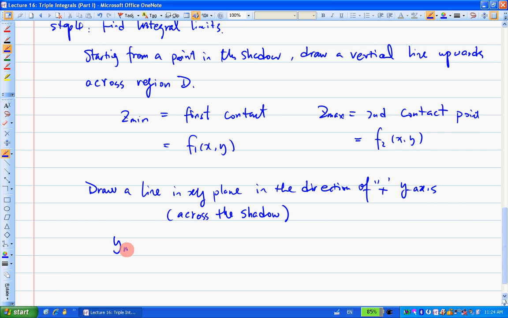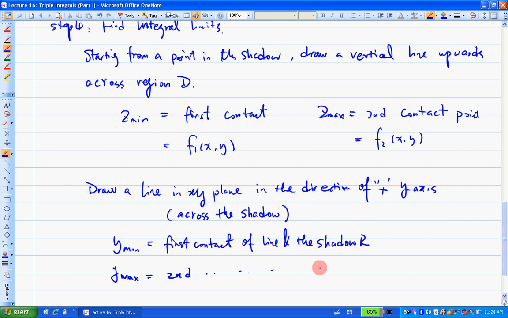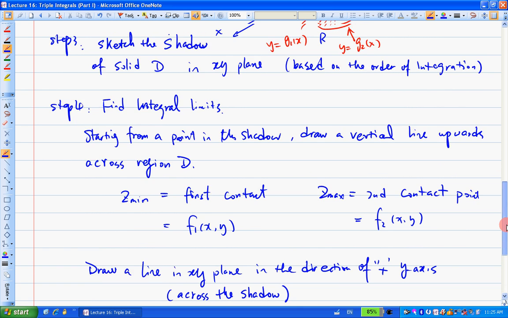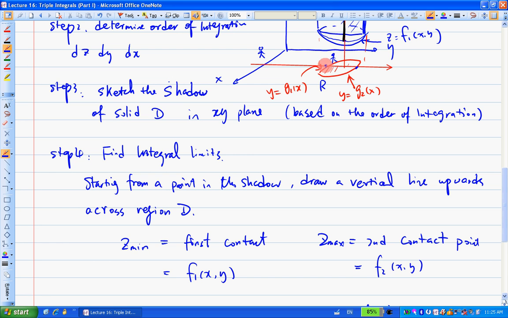Then the y mean is the first contact of this line and the shadow R. And the y max is the second contact of this line and the shadow R. So in my particular case, this is the first contact, y is g1 of x.